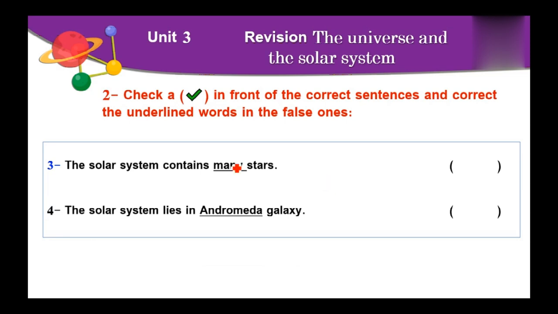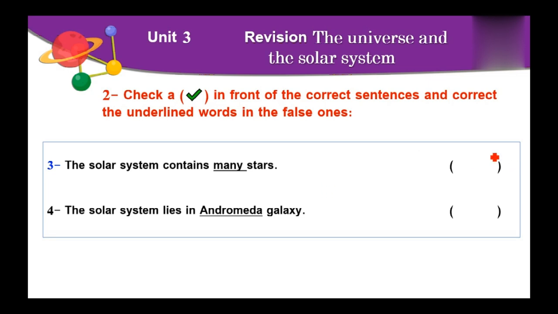Number 3. The solar system contains many stars. This statement is correct or incorrect? No. Excellent. Solar system contains many stars.